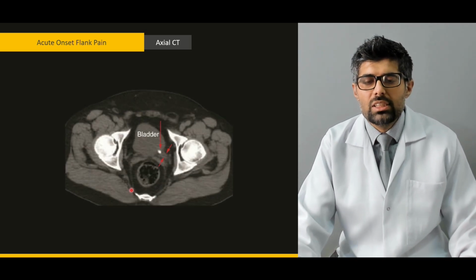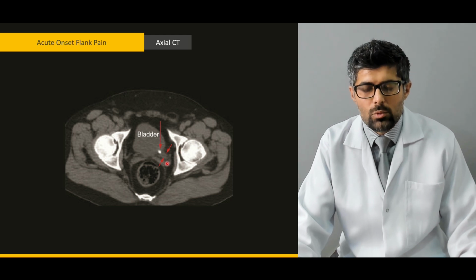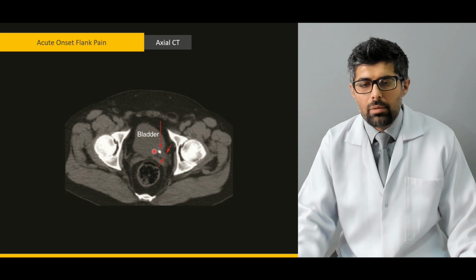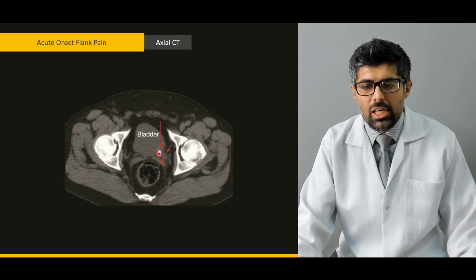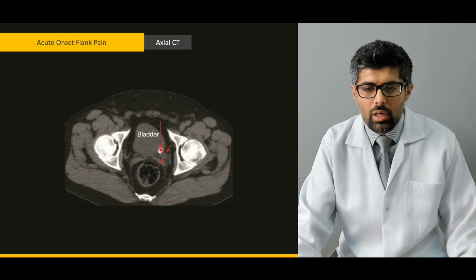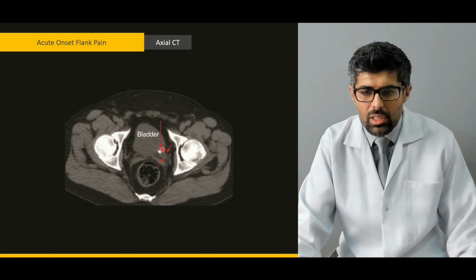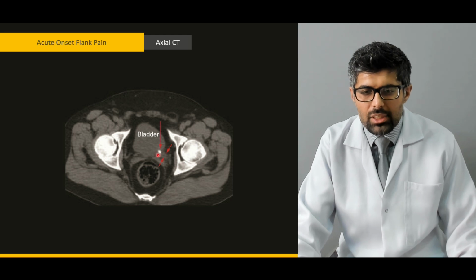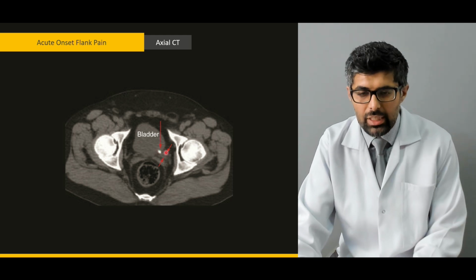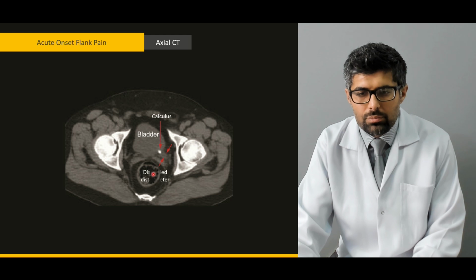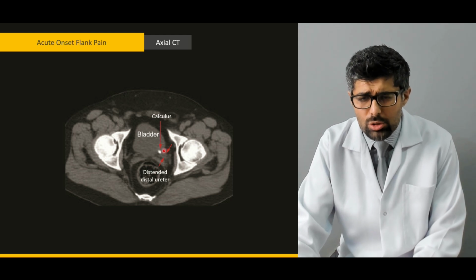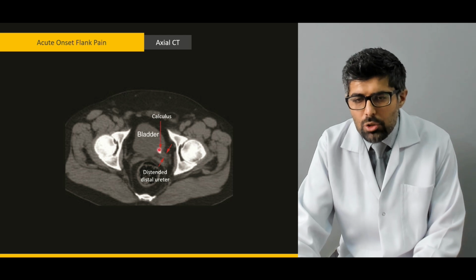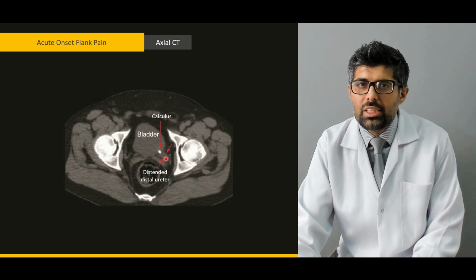Now, this is a CT scan of a patient with a renal calculus. You can easily appreciate the calculus near the posterior aspect of the bladder, and this calculus is rather large in size. You can also appreciate that along with the calculus, the ureter is also distended.